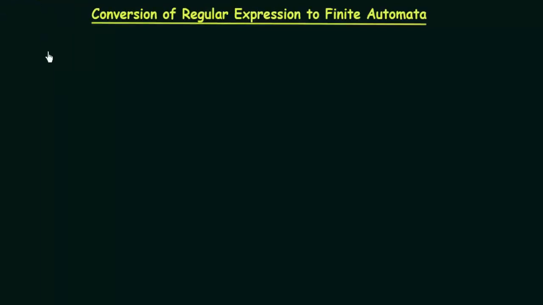So we know that in regular expressions we have expressions of many forms, and let's say that we have inputs a and b, and you have an expression of the form a plus b. That means A union B, which we already know. So if you have an expression of this form, how do we design the finite automata for this?